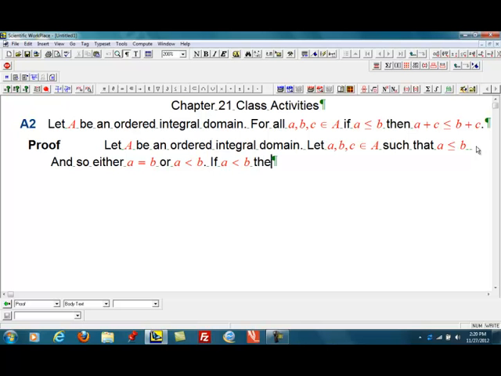Yeah. Then by case 3 in the definition, we see that A plus C is less than B plus C.